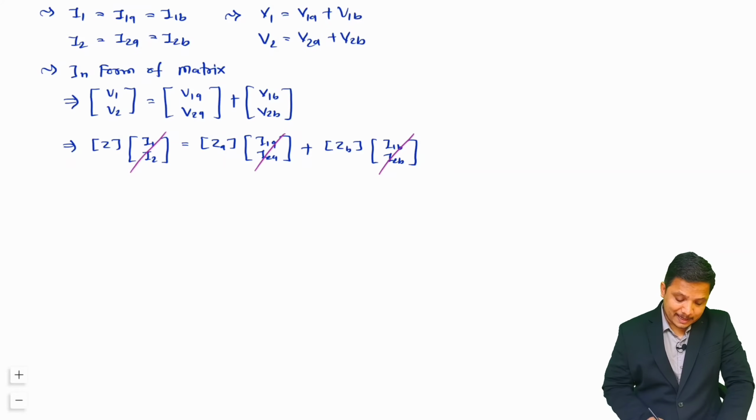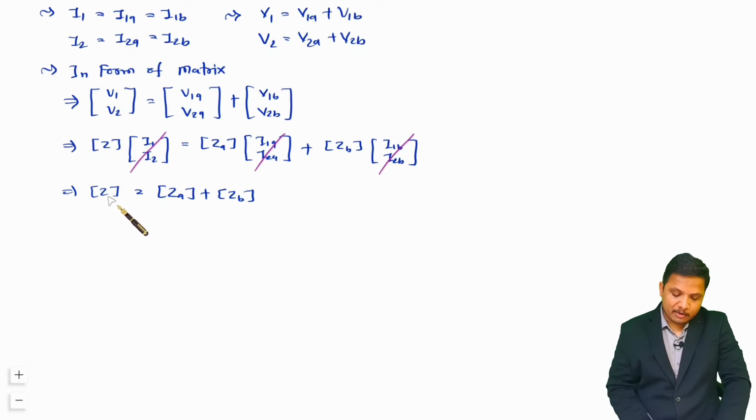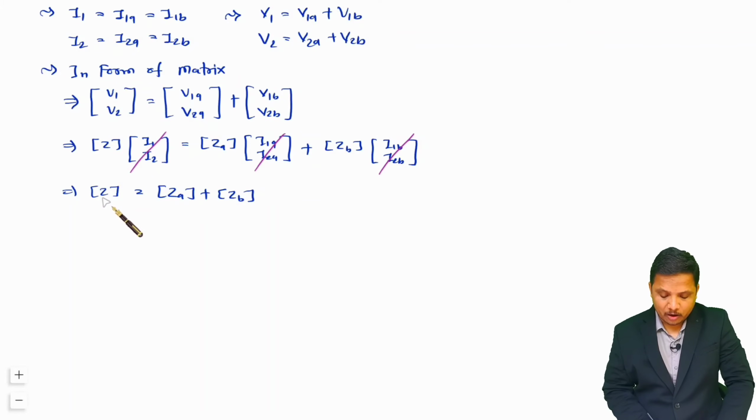Now all I can say is that we have the Z matrix equal to ZA plus ZB. So we have the equivalent Z parameter of series connection, and that is ZA plus ZB.